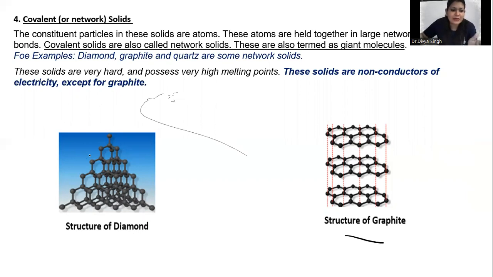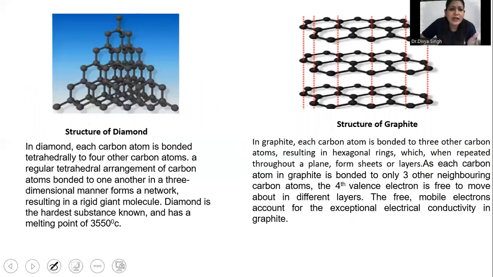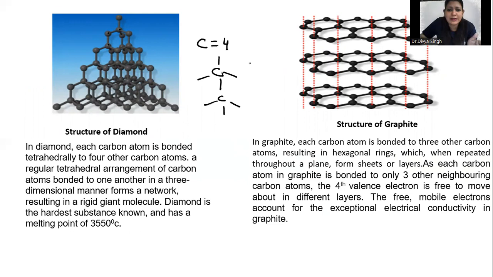What is happening in the structure of diamond? Since carbon has valency 4, every carbon is tetrahedrally arranged within the structure, and they are forming a network-like structure. Carbon is tetrahedrally arranged with 4 bonds.